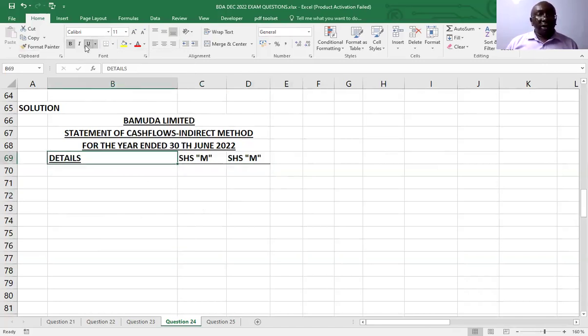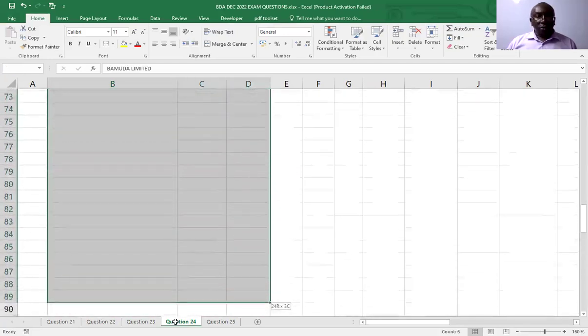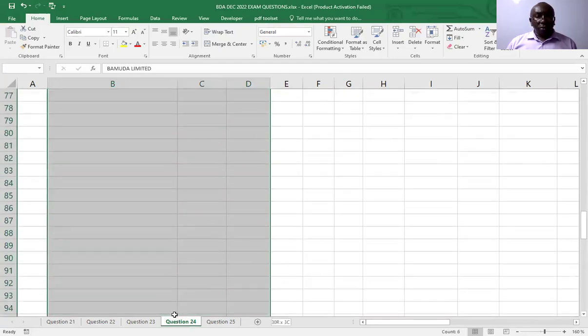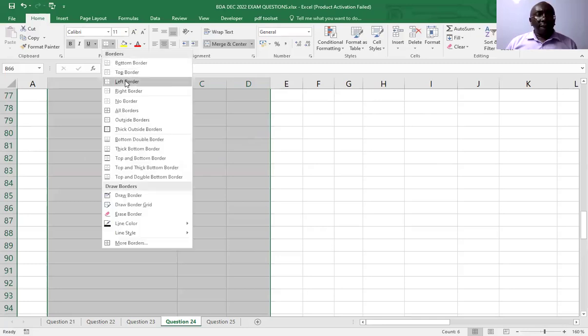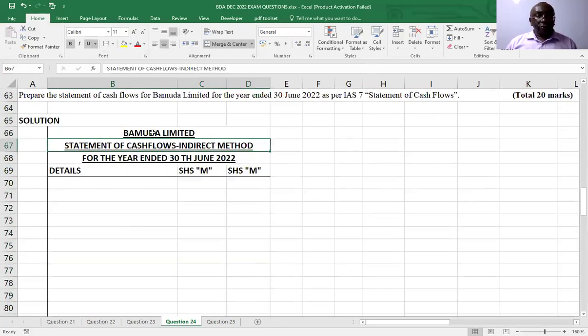So let me remove the underline there. Let me give it a top border.